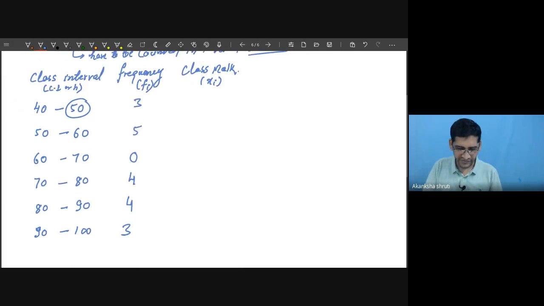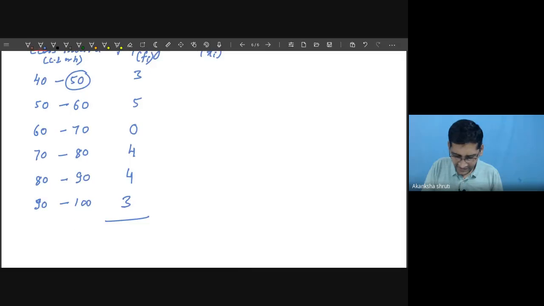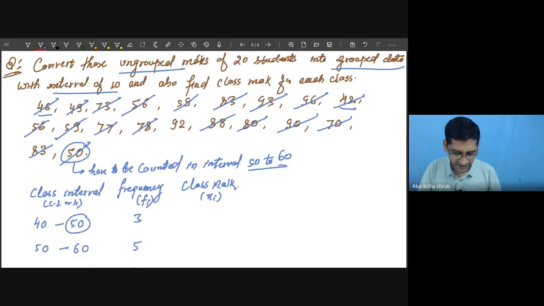Yes, student. Now if you add this, it is denoted by summation Fi, which is n. Adding: 3 plus 5 is 8, plus 4 is 12, plus 4 is 16, plus 3 is 19. Only 19 data we have taken.